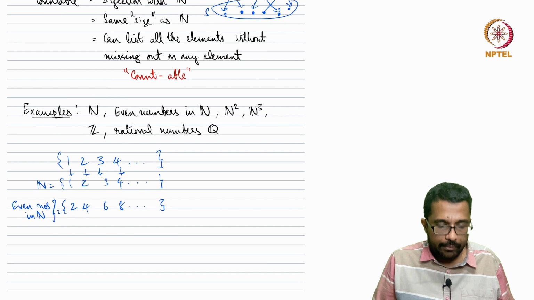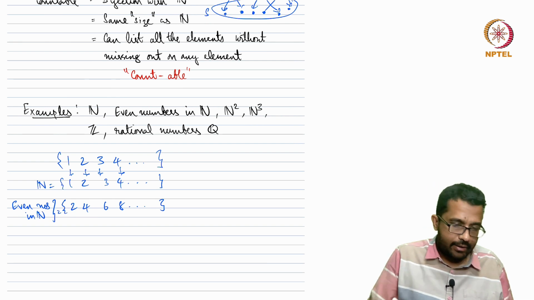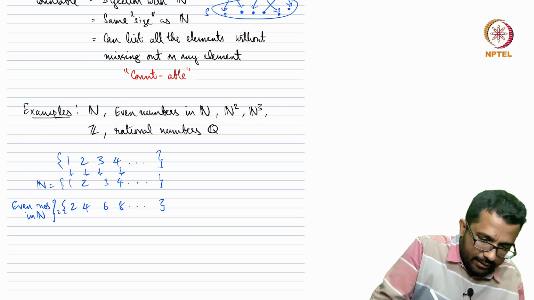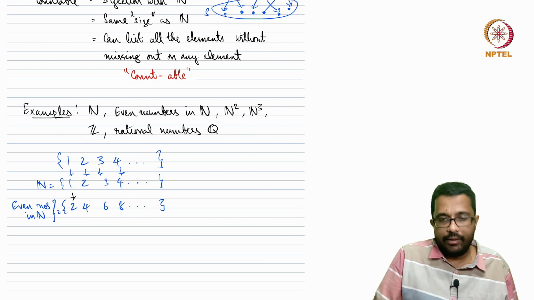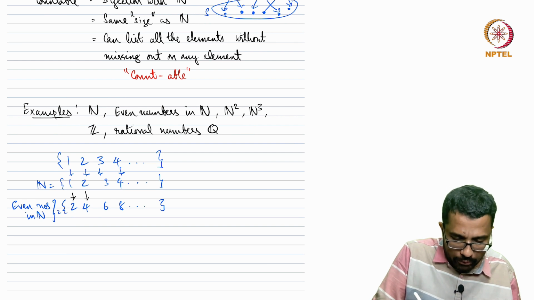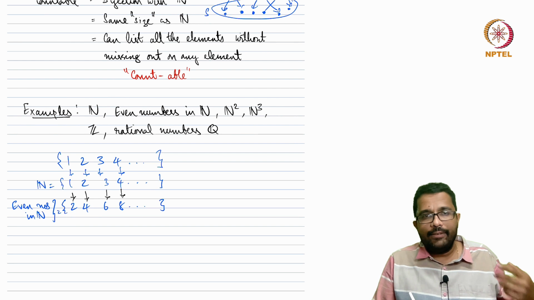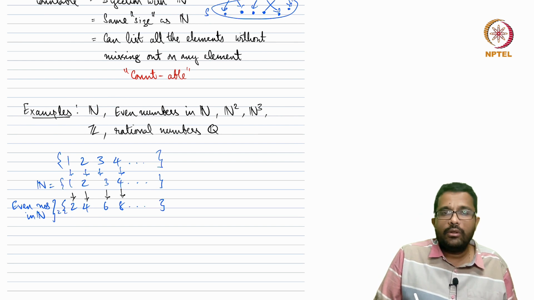So one may think that you cannot have a bijection, but that is wrong, because I can have a bijection like this. I can map element 1 to 2, element 2 to 4, element 3 to 6, 4 to 8, and so on. So basically every element i is mapped to 2 times i.